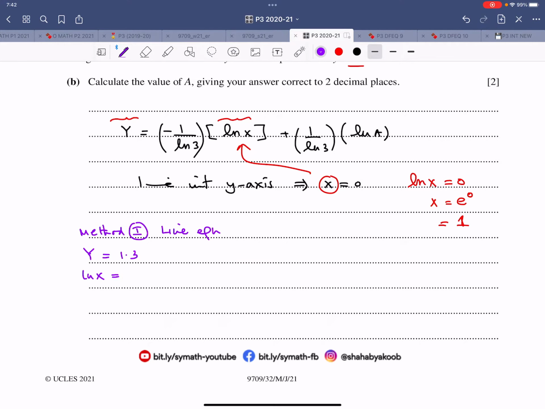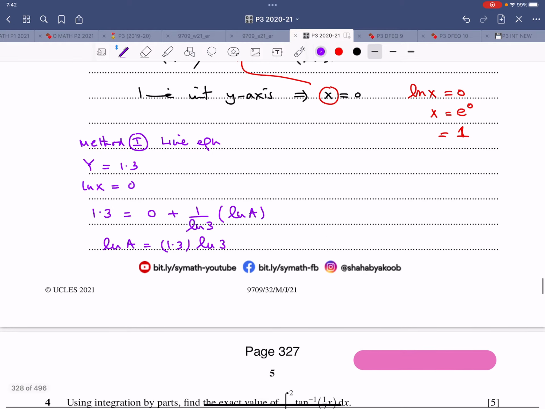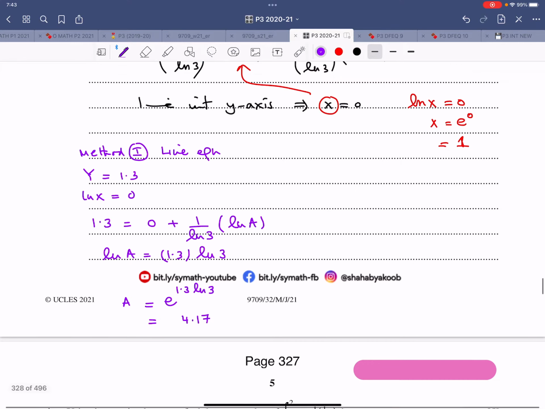So 1.3 equals 1 over ln 3 multiplied by ln a. Therefore ln a is 1.3 multiplied by ln 3, and make a the subject, that is e raised to the power of 1.3 multiplied by ln 3. Use a calculator and you get the answer as 4.17. That's one approach.